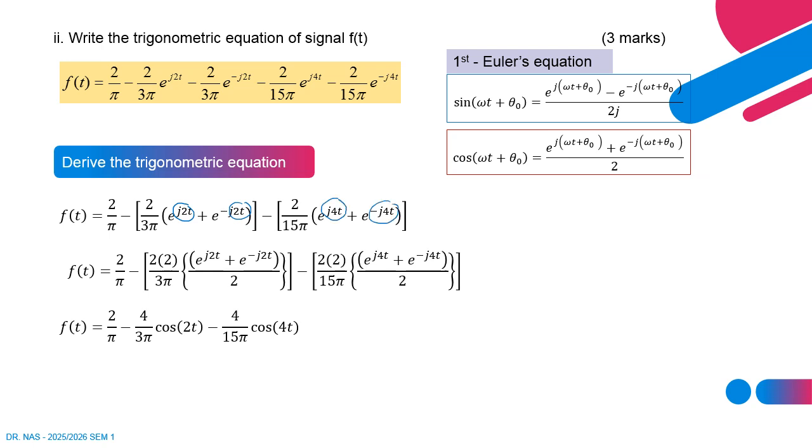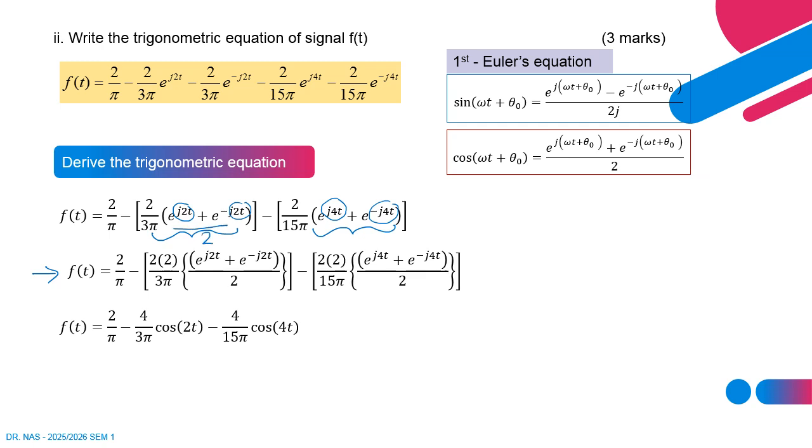Group them up, and then the next step is to change the shape of the equation into either sine or cosine, using Euler's theorem in exponential form. To get into the cosine equation, the signal must be divided by 2.